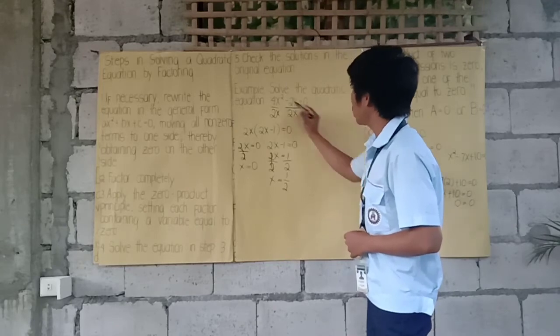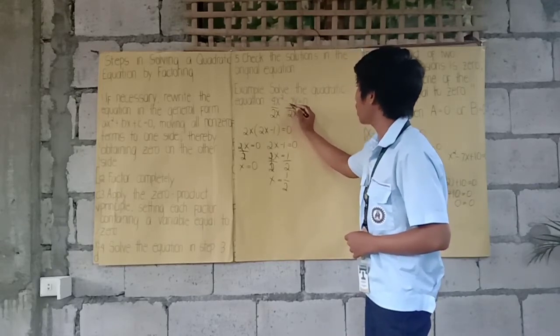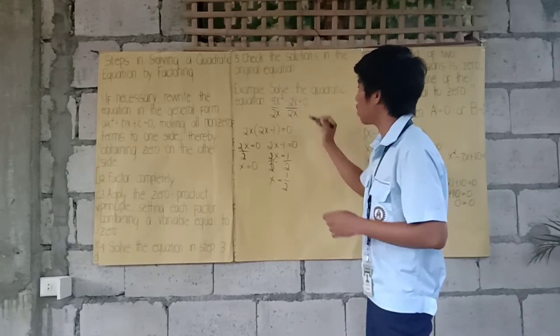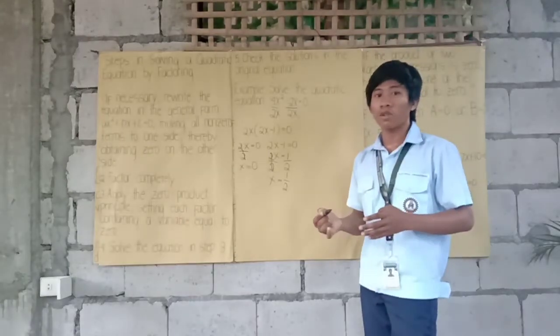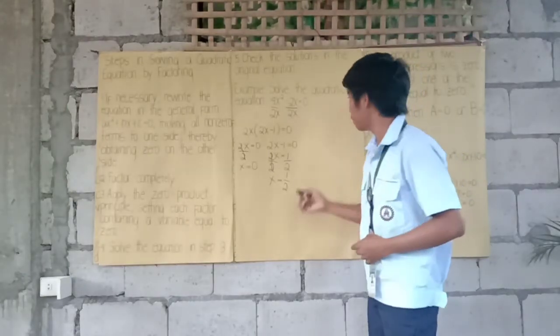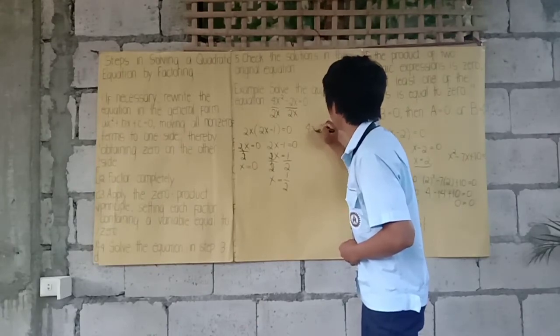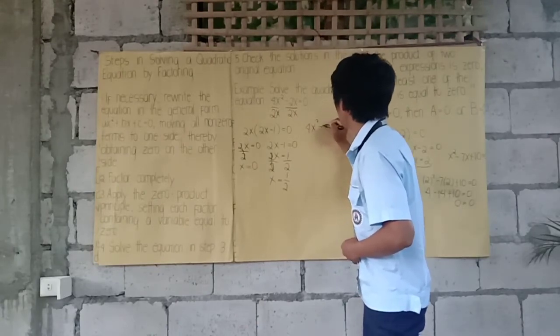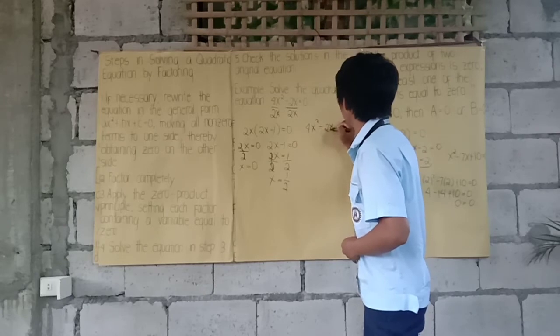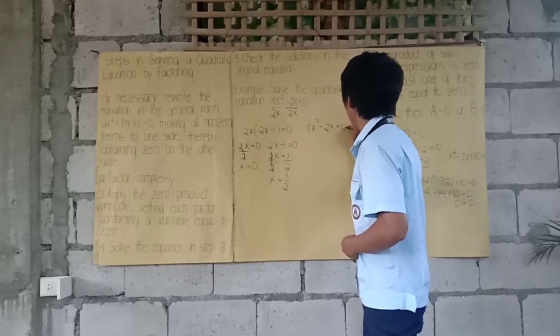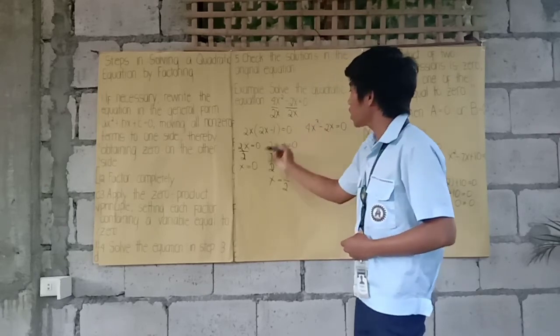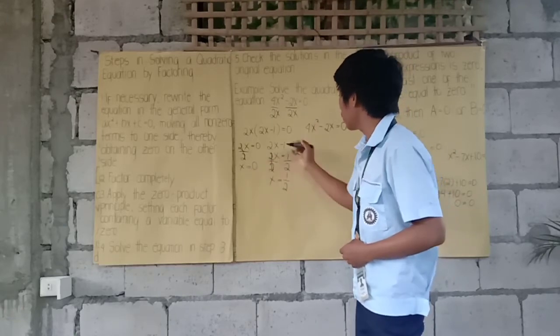So, yung value natin ng x, isa-substitute natin sa original equation. Dito na papasok yung step number 5. So, ito yung original equation natin, 4x squared minus 2x is equal to 0. So, i-substitute natin yung value ng x.